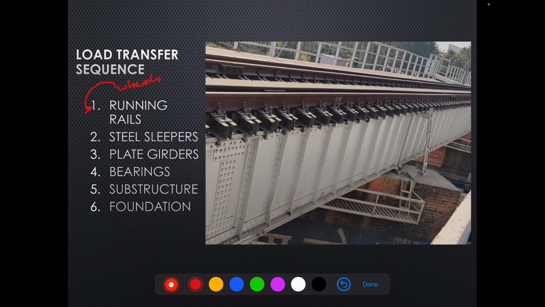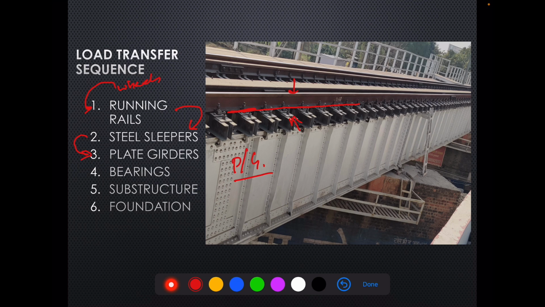Then, from this contact surface, the load is transferred to these sleepers, so from running rails to steel sleepers. These steel sleepers are resting over the plate girders, so load is transferred from steel sleepers to plate girders.